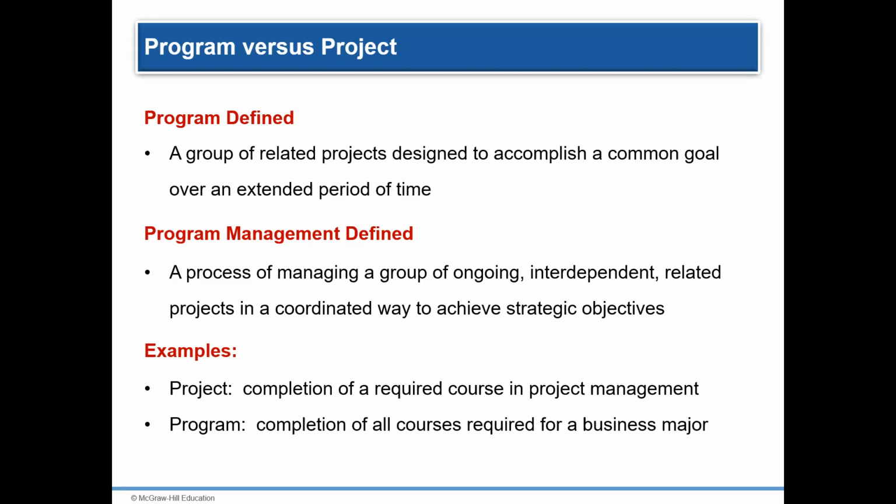Now, how do we define what is exactly a project versus a program? When we look at a routine, repetitive work, so for example, if I was to open a store, okay, the goal of my store is operations, meaning I want my store to be there forever. However, in my store, it's a fashion store.